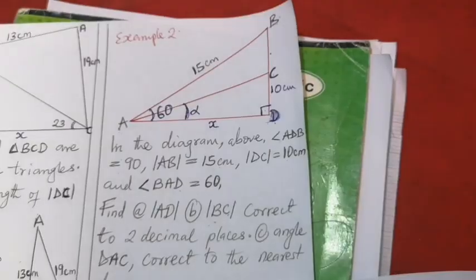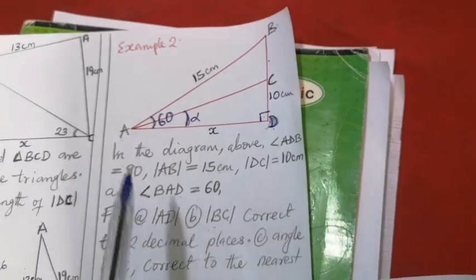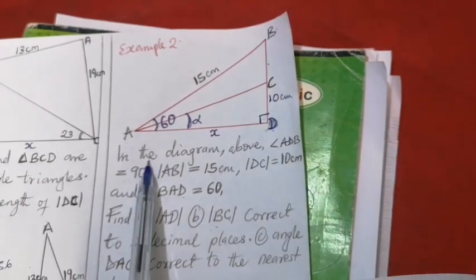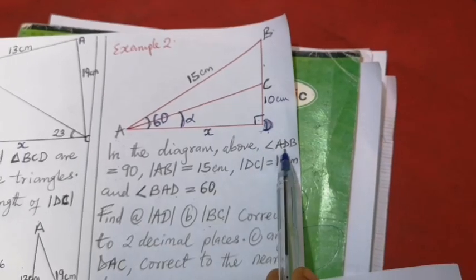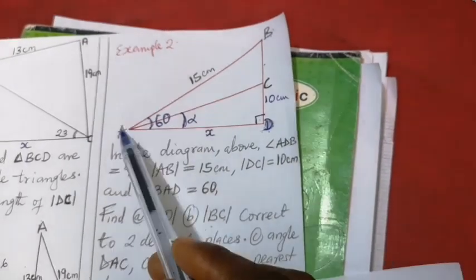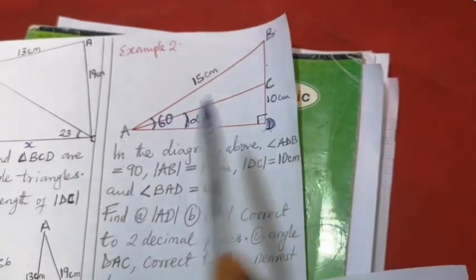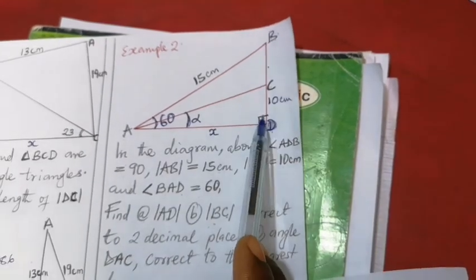Okay, we have another example here. In the diagram above, angle ADB is 90 degrees. So that is the sign here.